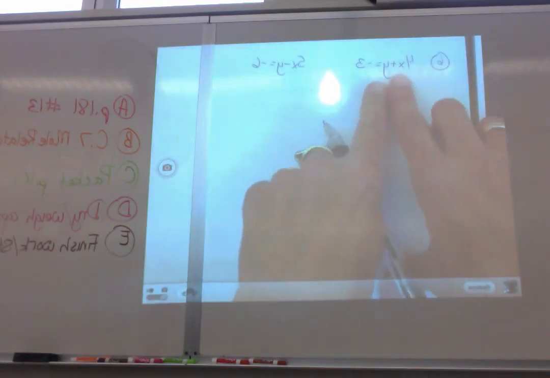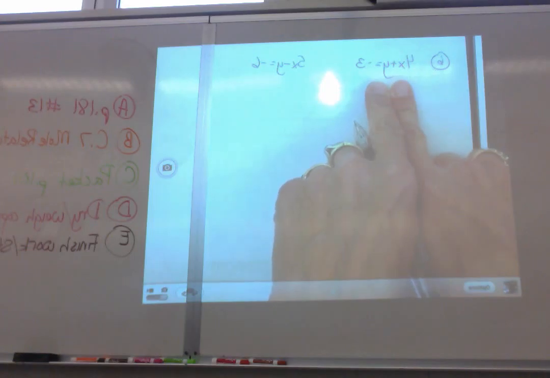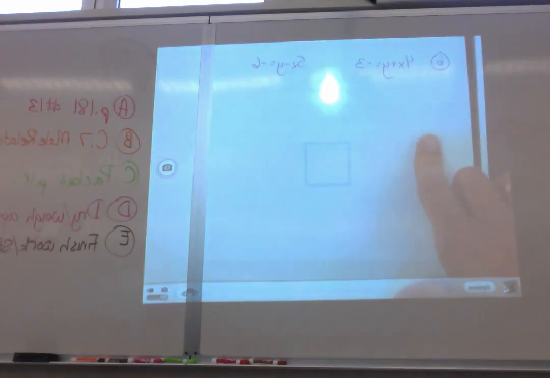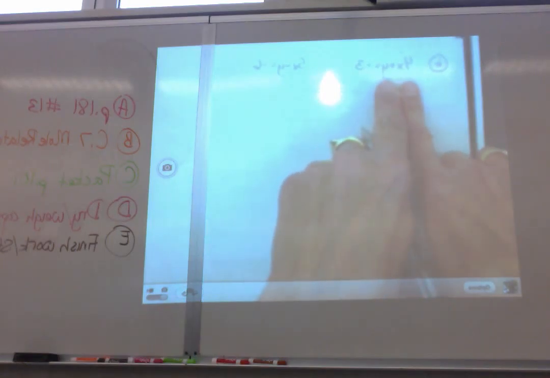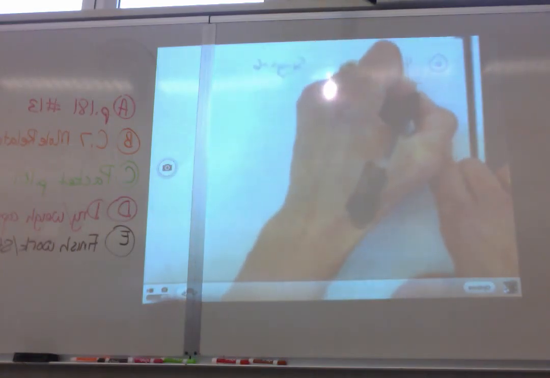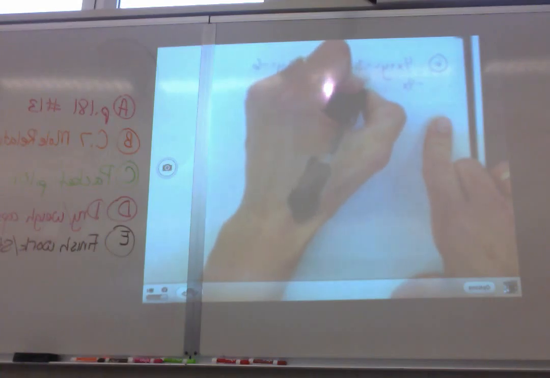Let's deal with them one at a time. Sam, what do I got to do here to get y by itself? To get y by itself, you have to subtract 4x. Good. Minus a 4x here, minus a 4x here.